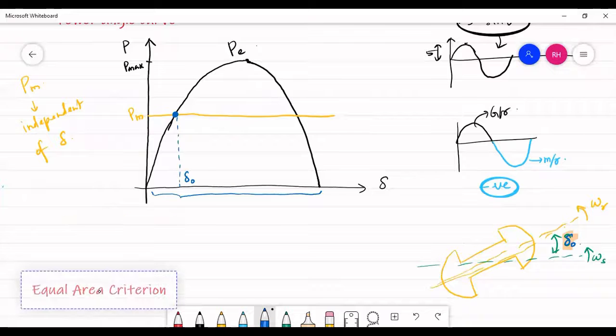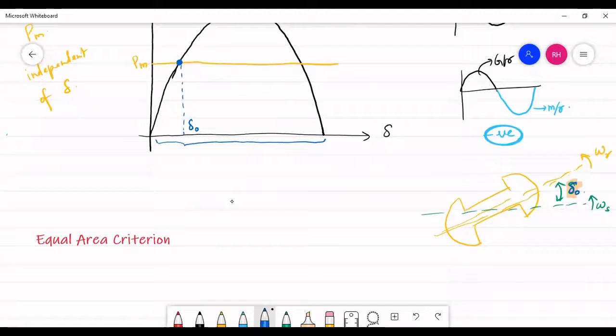the swing equation, Pm minus Pe is equal to H by pi f times d square delta by dt square.